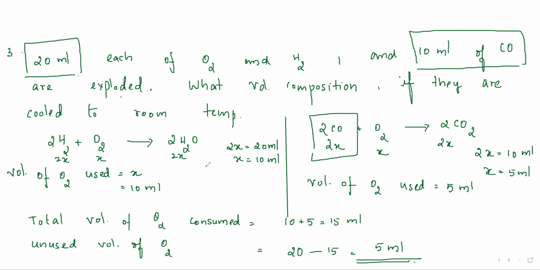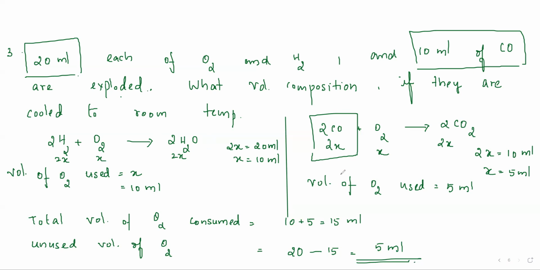And Gay-Lussac's law cannot be applied to any liquid, which means we do not write volume of water here. Reason? Gay-Lussac's law can be applied only to gases, and on cooling the resultant mixture, your water vapor will become liquid water.